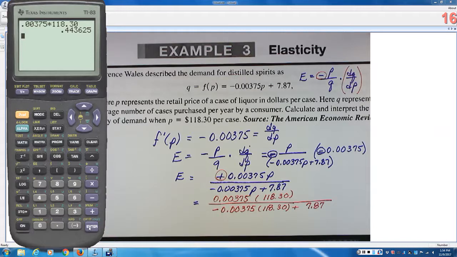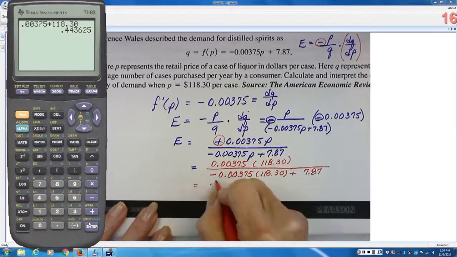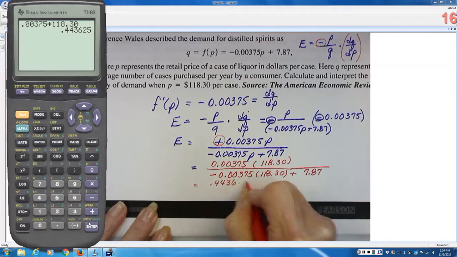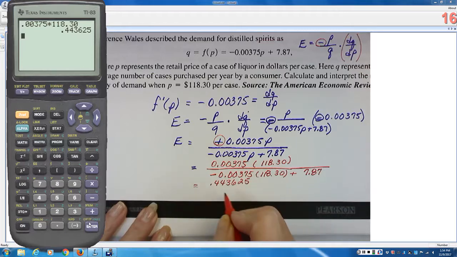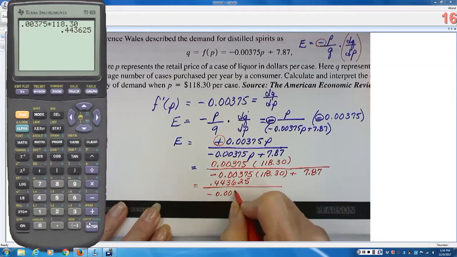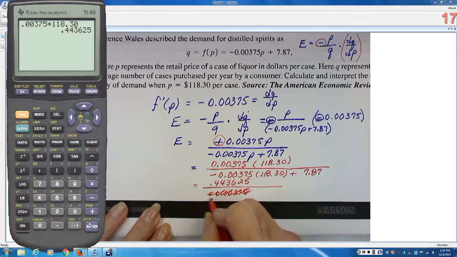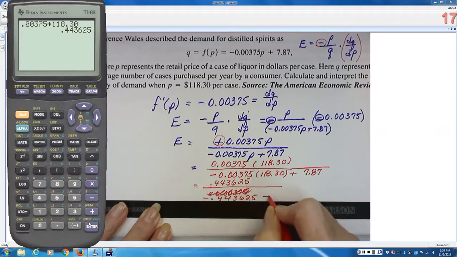So your numerator is 0.443625. And then in the denominator, we have the same quantity, but it's negative, plus 7.87.